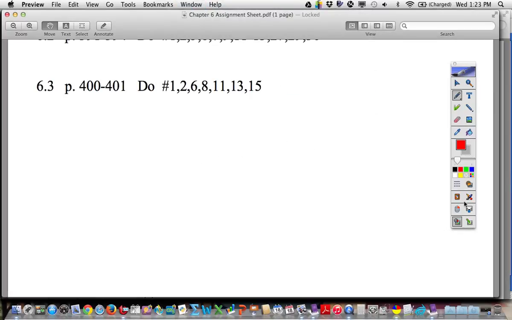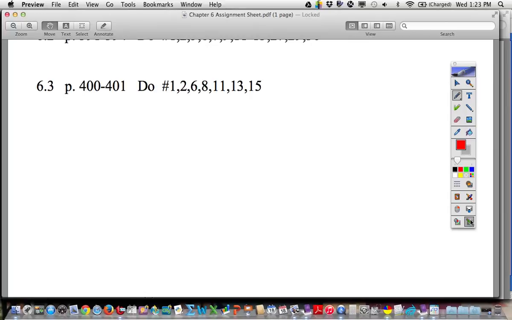So if we look at the assignment, and I'll let you get started on it here. Let's skip 1 and 2. I think the best option would probably be to start with number 11. Number 11 is just a basic problem with Euler's method where you have to do all the different things.